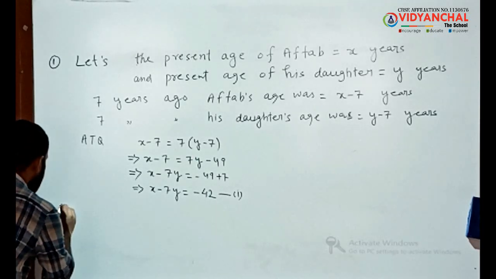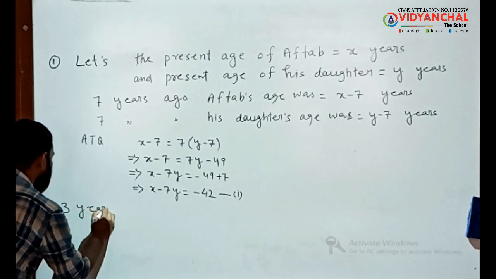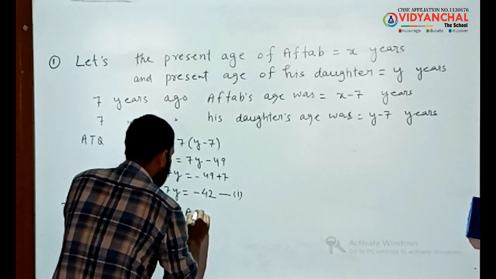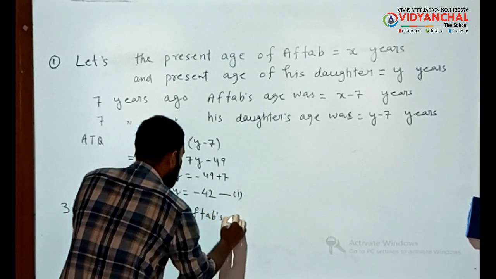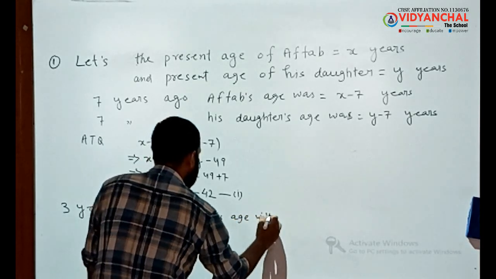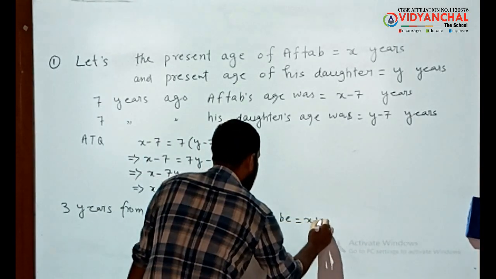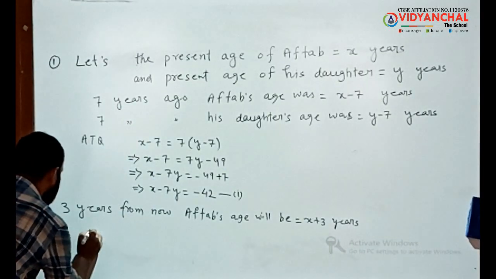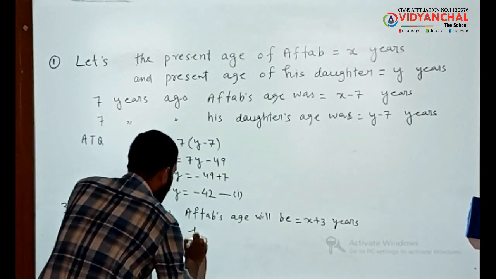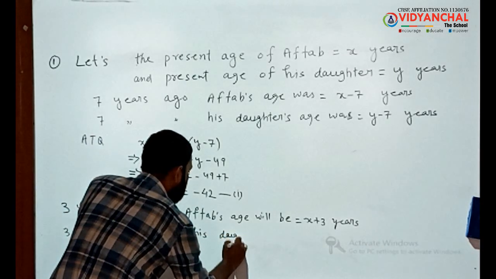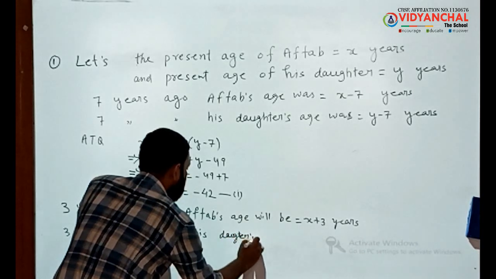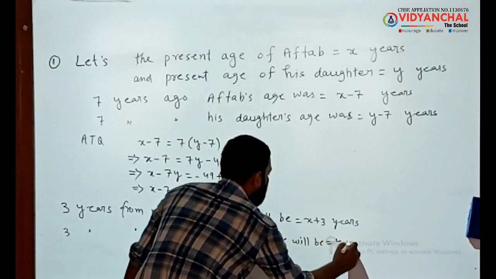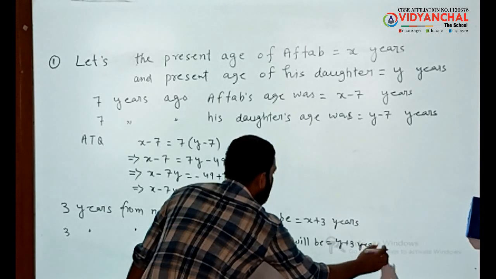Now, 3 years from now, Aftab's age will be X plus 3 years, and 3 years from now his daughter's age will be Y plus 3 years.